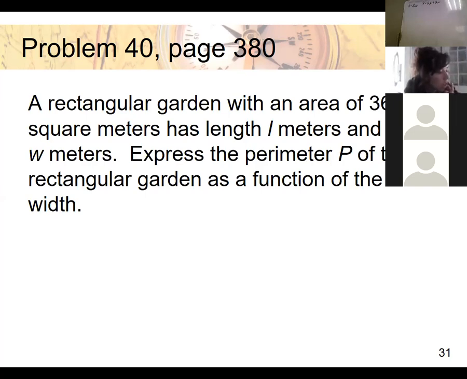Now we're told we have an area of 36 square meters. So using A is equal to L times W, I'm going to replace that A with 36, and that's equal to L times W.